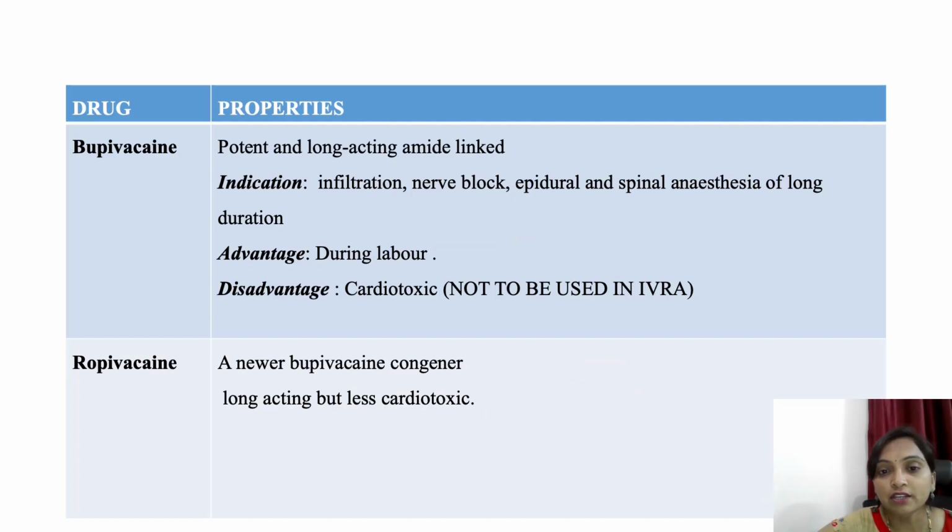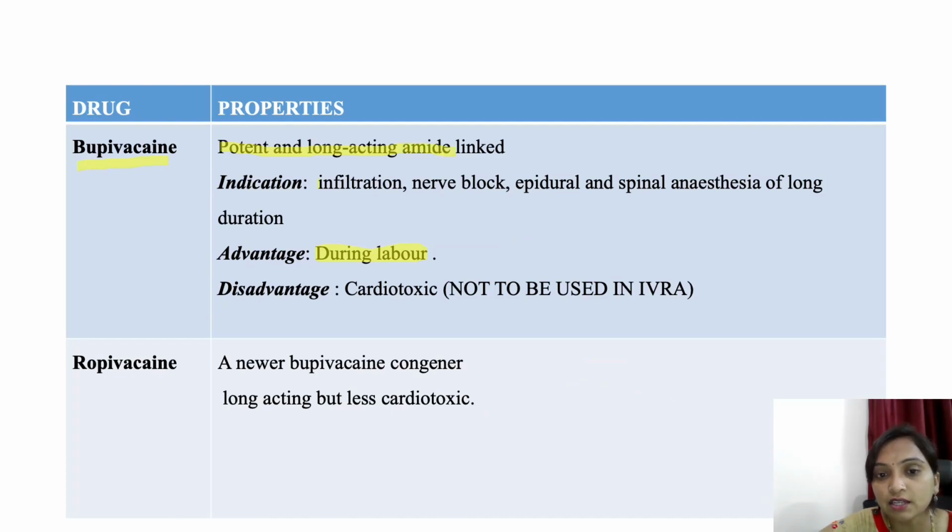Bupivacaine is trending, and this is very important. It is the local anesthetic used for spinal anesthesia in labor and in cesarean sections because it is a potent, long-acting amide.